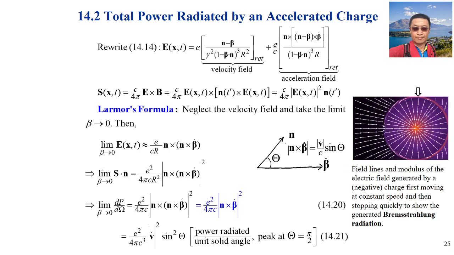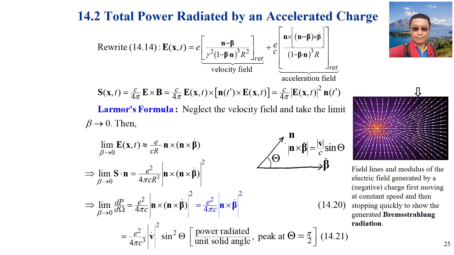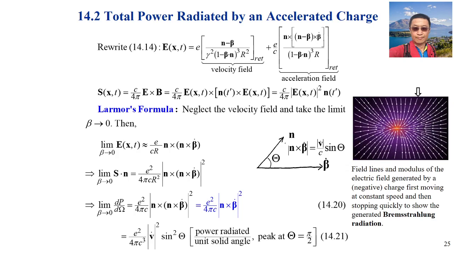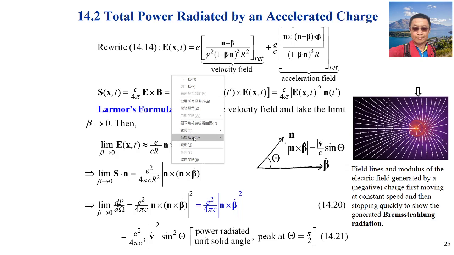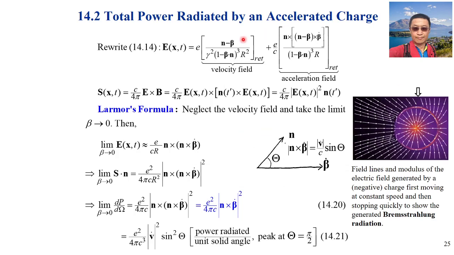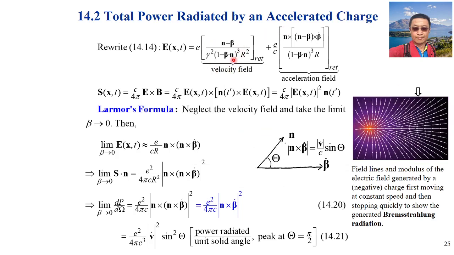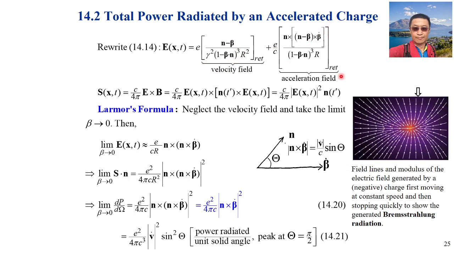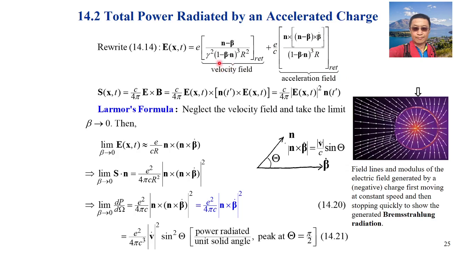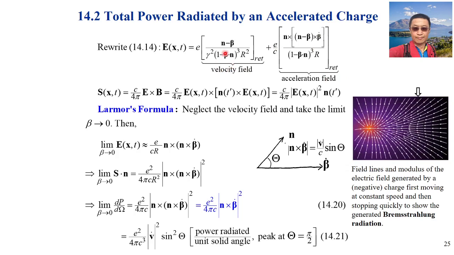Last time we talked about radiation by velocity field, and we skipped the acceleration field. So velocity field means just constant motion.